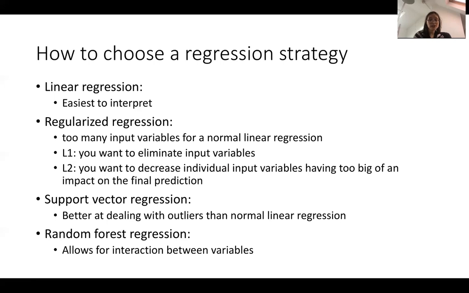Support vector regression is useful when you have outliers, because outliers often are very poorly handled by ordinary least squares regression. Random forest regression is useful because it allows for interactions between variables. There's also ways of allowing interactions between variables using multiple linear regression and support vector regression, but this often increases the number of parameters you need and the complexity of the model.